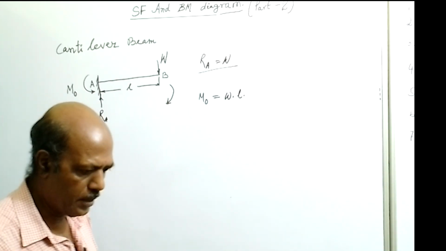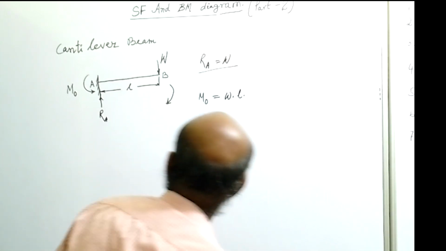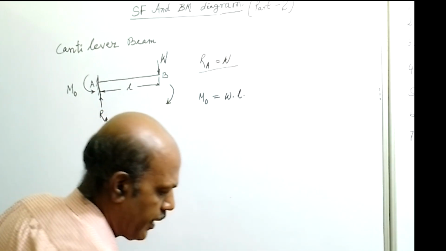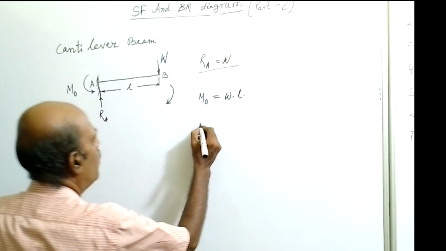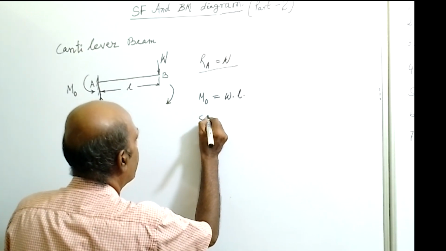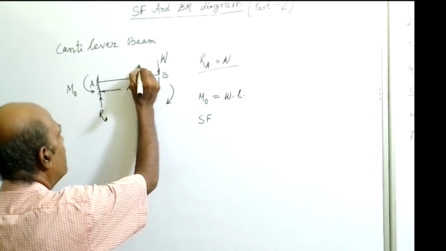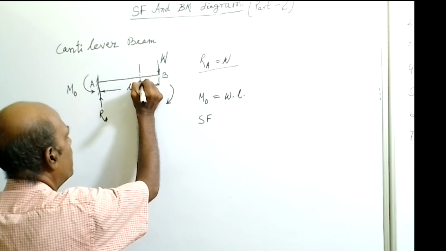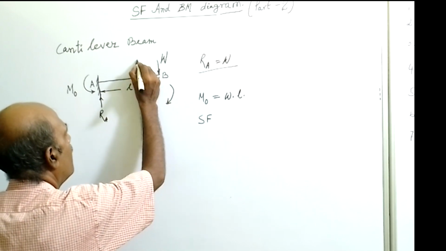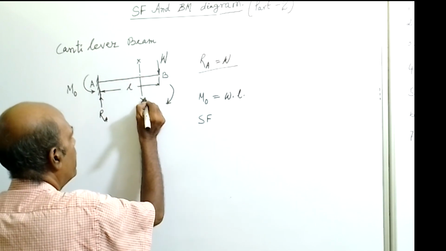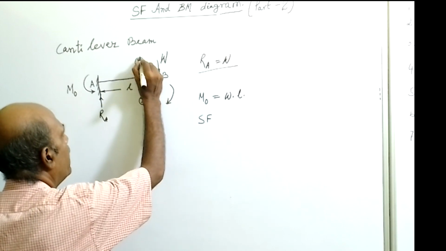Now we are going to see the shear force and bending moment diagram. For the shear force diagram, consider a section XX at a distance X from the free end.